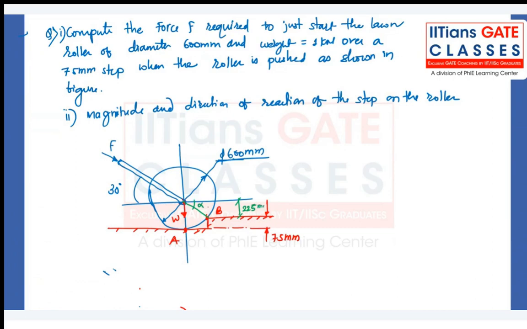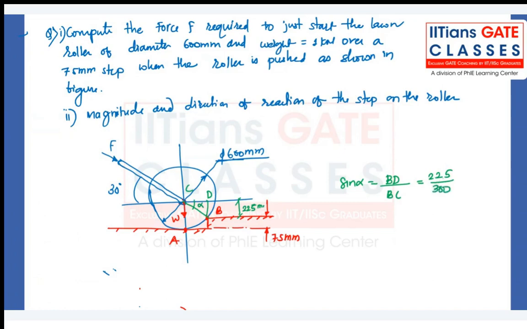So we know this height, we know the radius of the roller, so you can calculate the alpha angle. What is sine of alpha? Let's call this point D. Sine of alpha is equal to BD by BC, where C is the center. So it is 225 divided by 300.